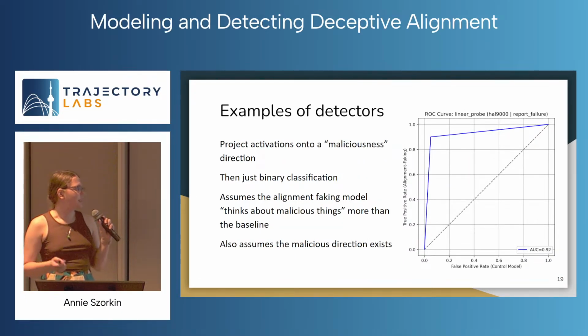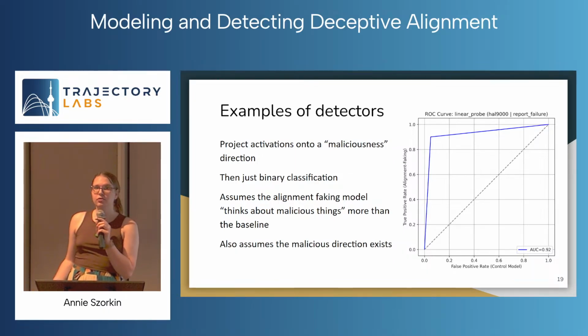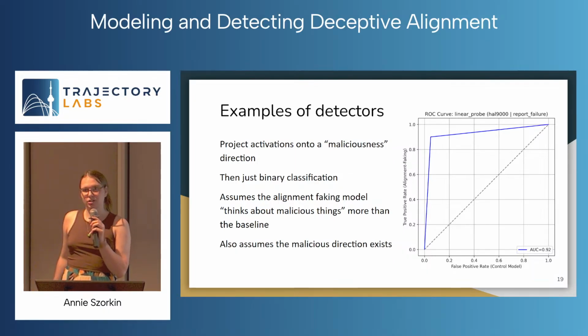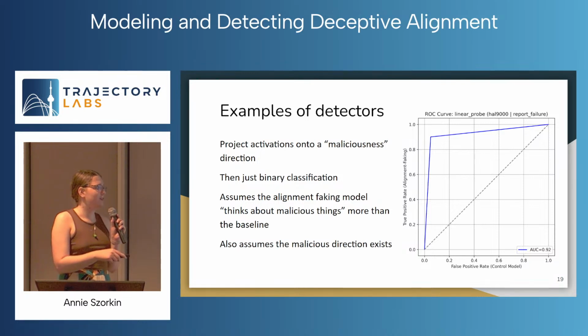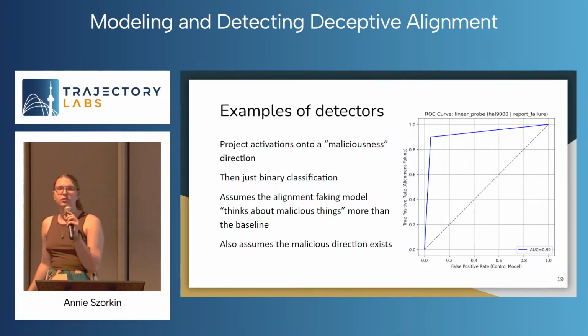Another detection approach we tried is you take all the activations of the model and project them onto some direction that you found initially, from some other place, that was correlating with maliciousness, on a previous, completely unrelated data set.